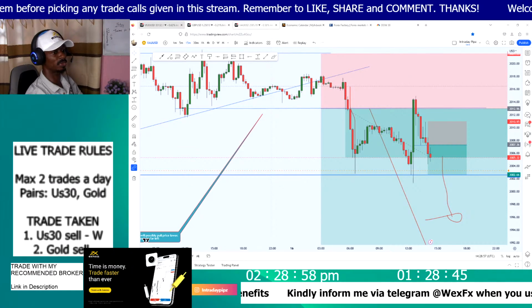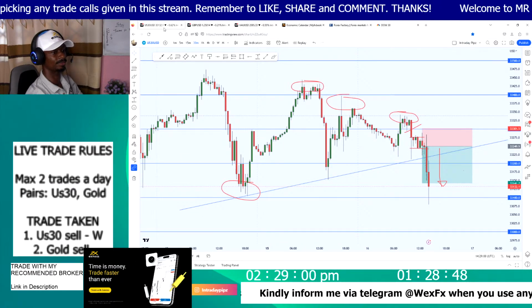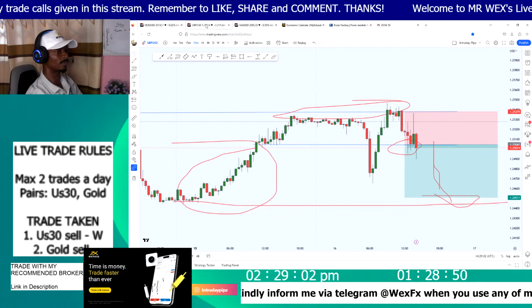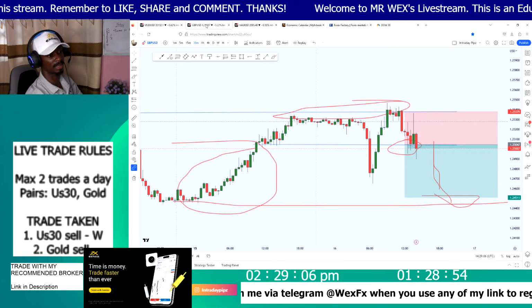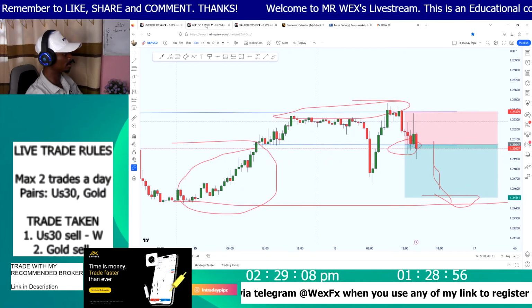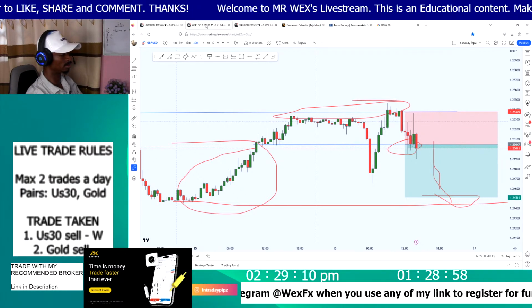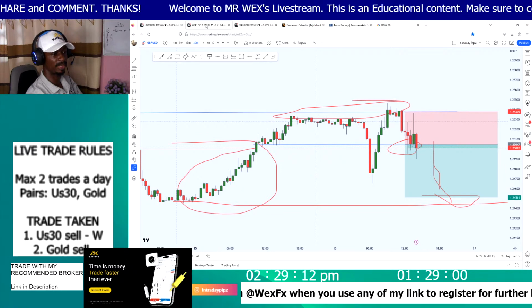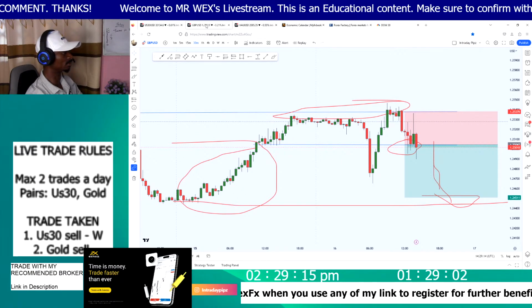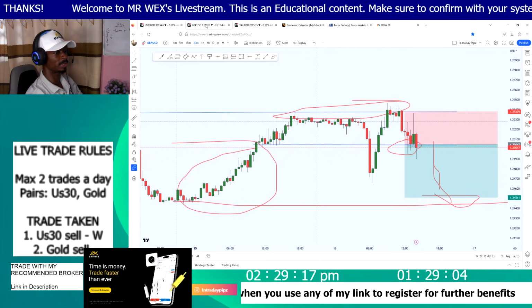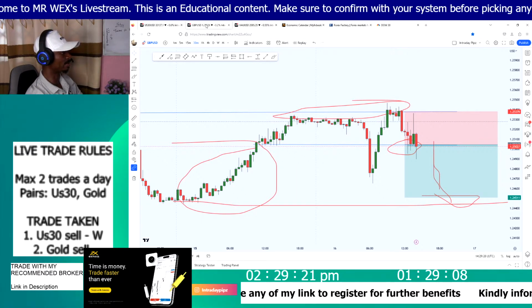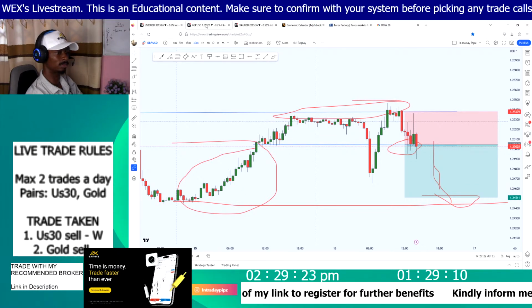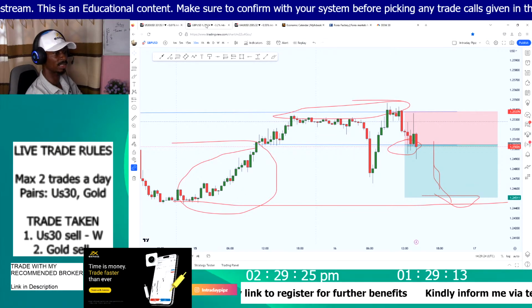What is gold doing? It's stalling. Alright, so few seconds for this 30 minutes to close on GU. So it's actually gonna close below the buy candle's low. That is a good signal.